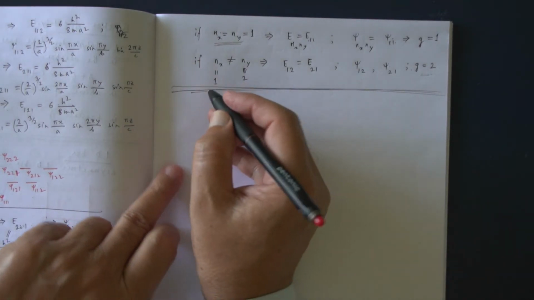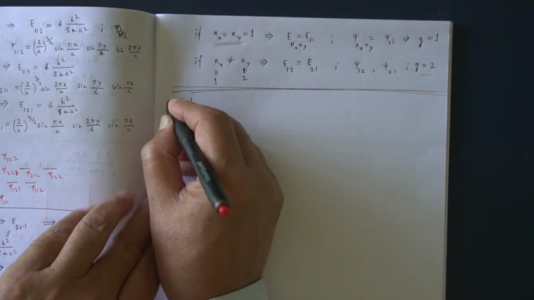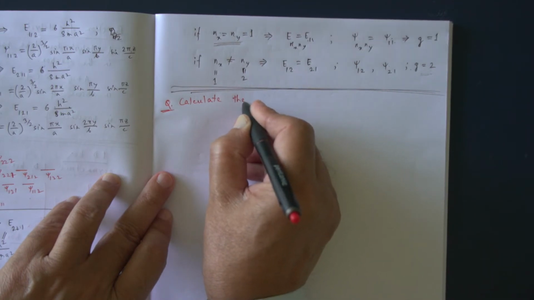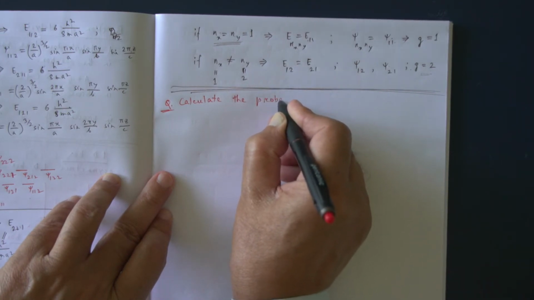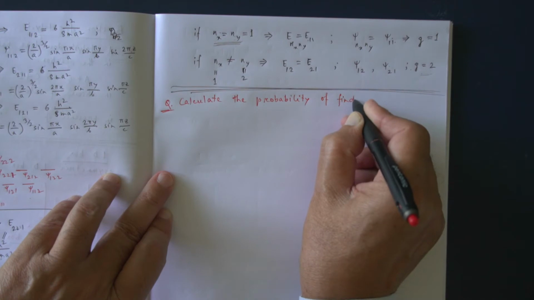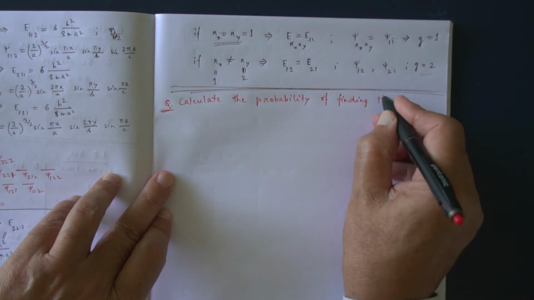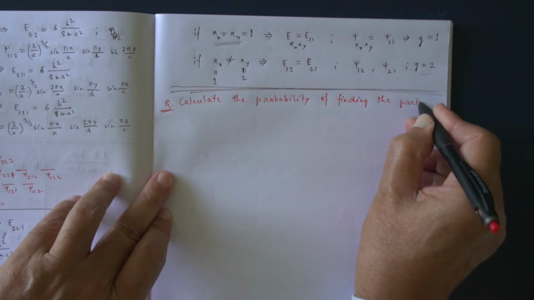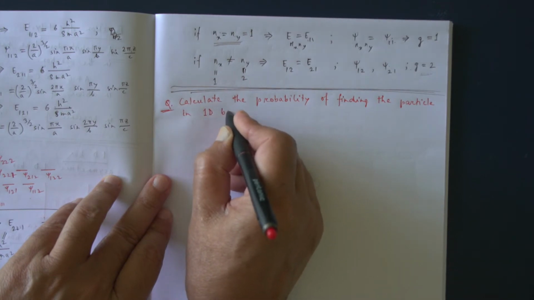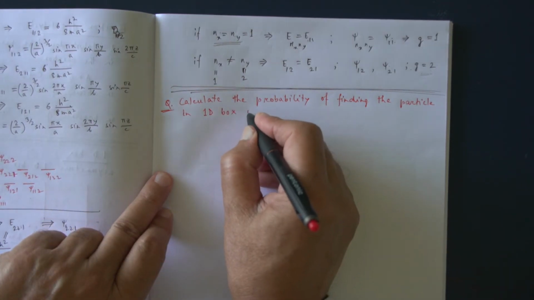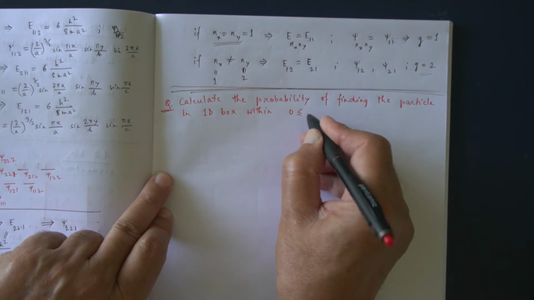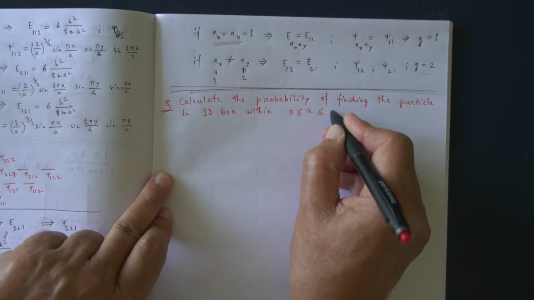Say you have been asked this question: calculate the probability of finding the particle in a 1D box within 0 less than or equal to x less than or equal to a by 2.